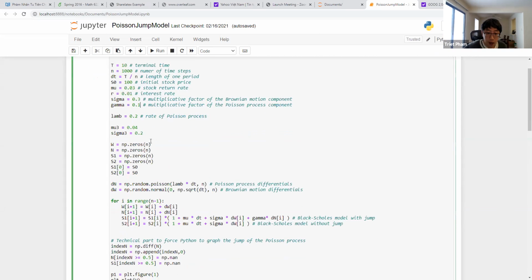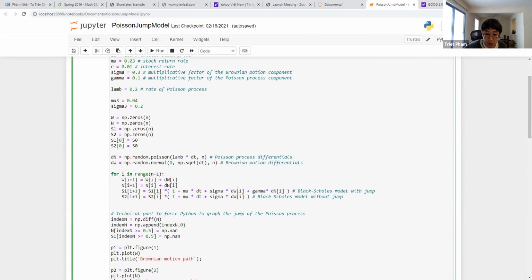Notice that the next stock price is the previous one, because you have to add the previous, and then mu dt, sigma dWt, gamma dNt. That's all. What is dNt? dN is just Poisson lambda times dt.